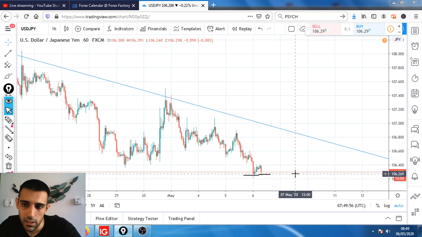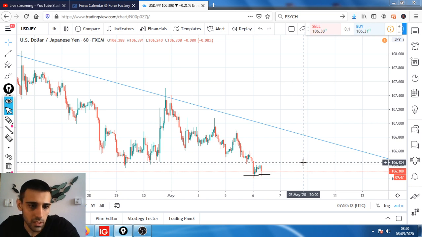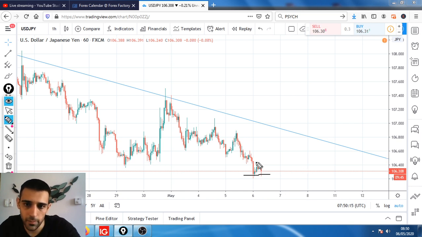So 106.28, this stop loss. So no, that's not too bad. So 28, we can give it a 15 pip stop loss. So a 15 pip stop loss on this one. We're gonna position our stop loss up to this level here.